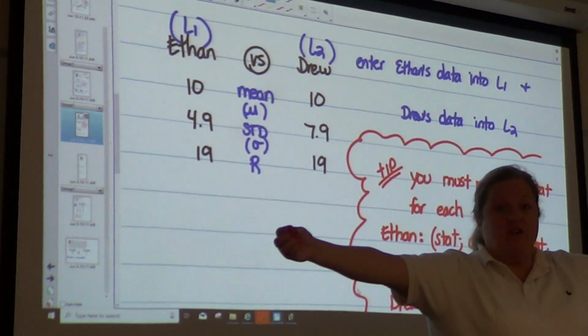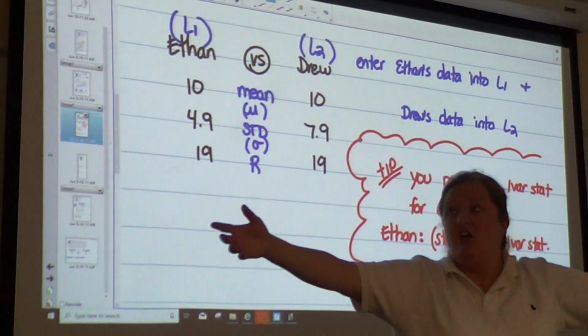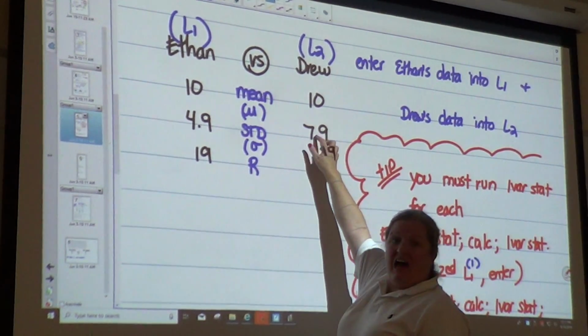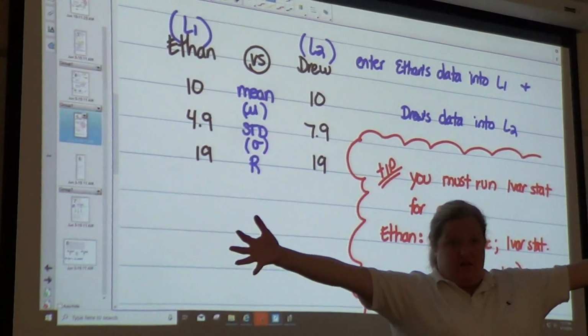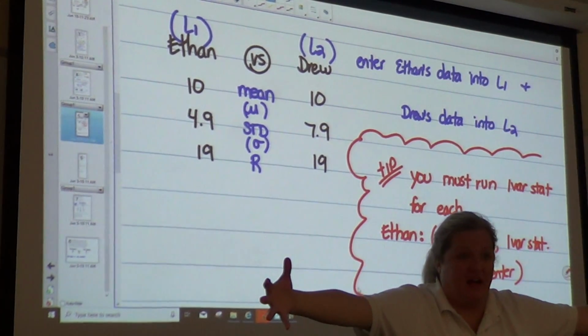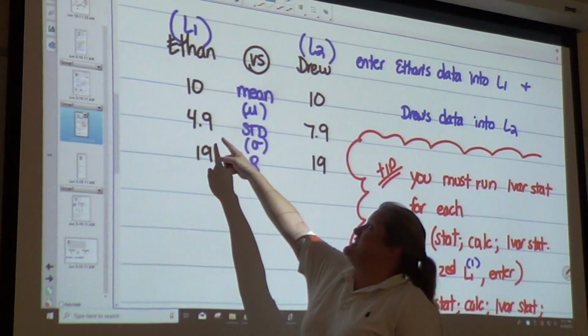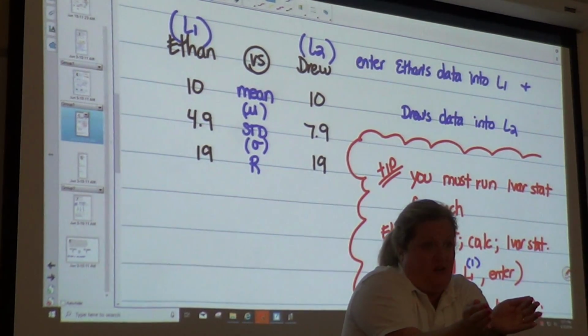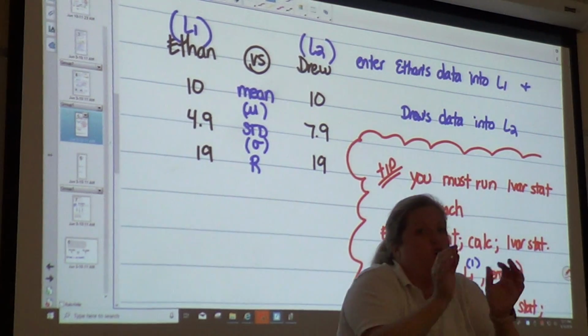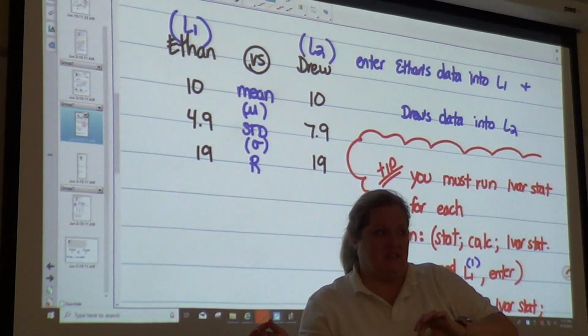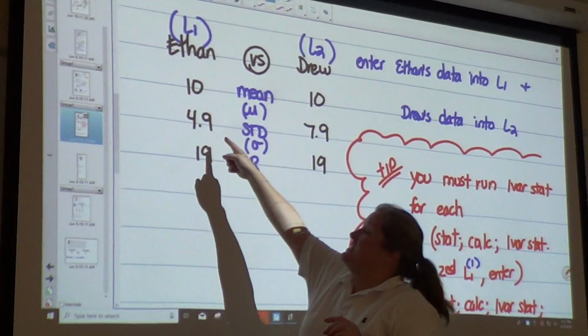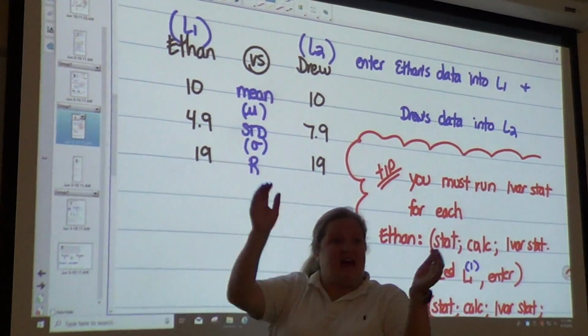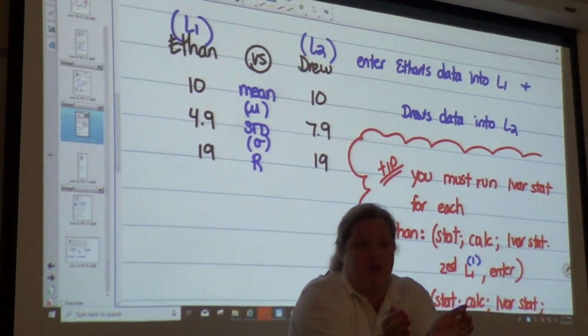They're more spread out. Because this is higher, the numbers are more spread out. Because this is lower, the numbers are closer together. So who was more consistent? Ethan.